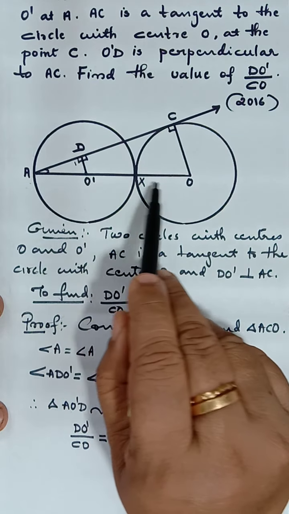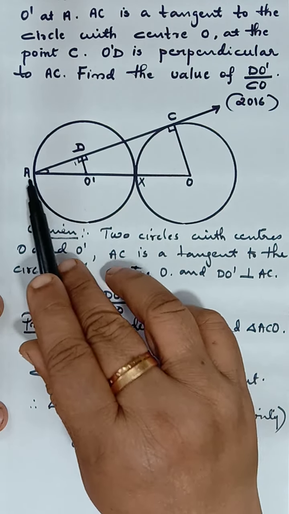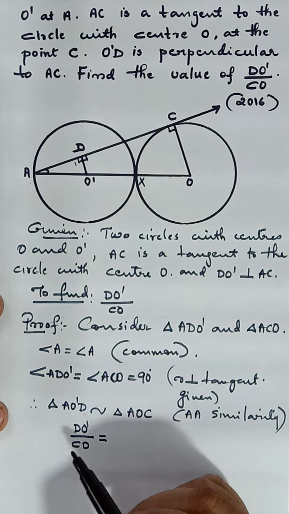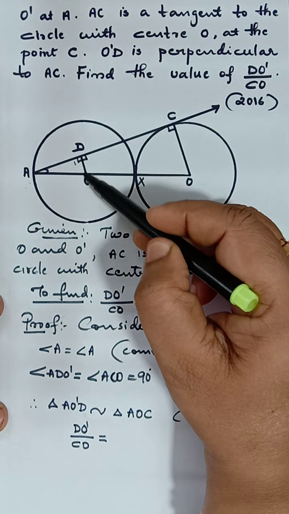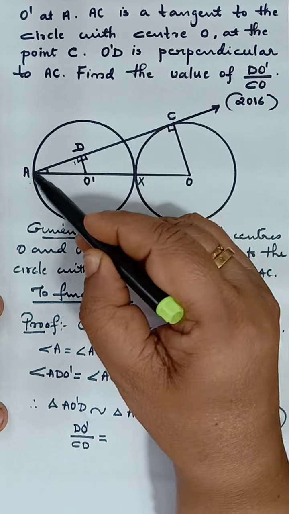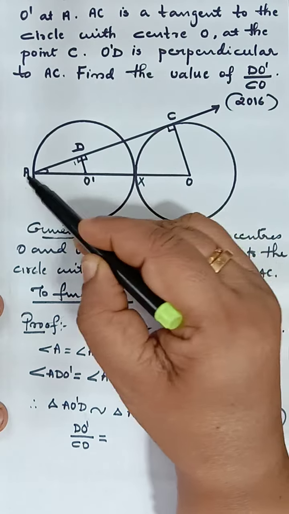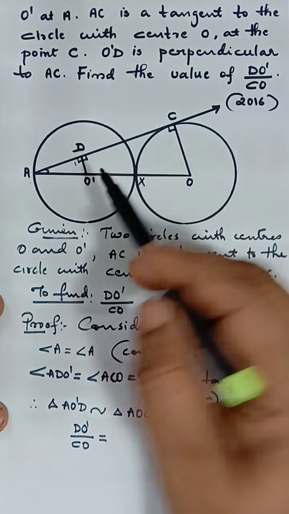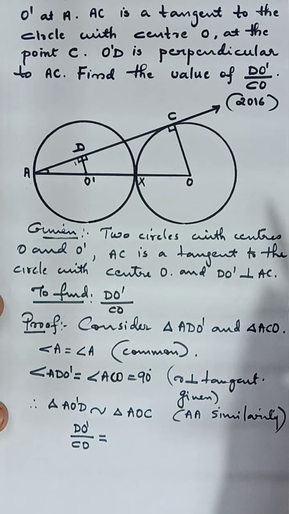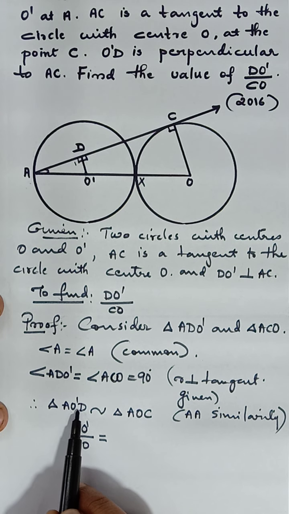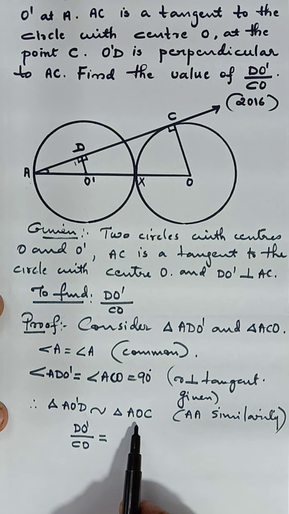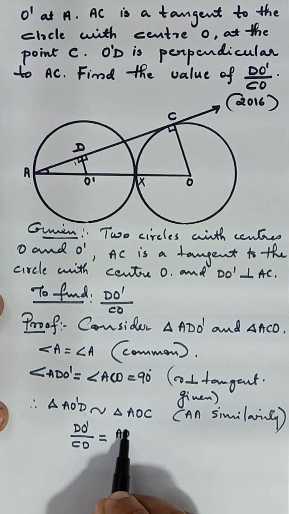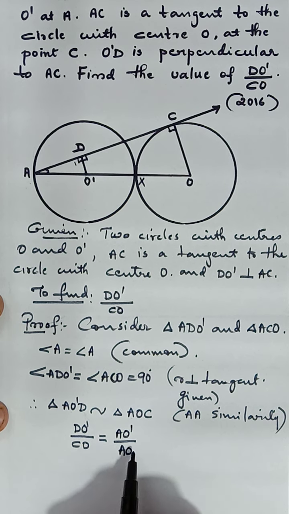Therefore, it is better to take these lines AO dash and AO. DO dash is of the first triangle ADO dash. Therefore, this side AO dash, that is AO dash by AO we get.